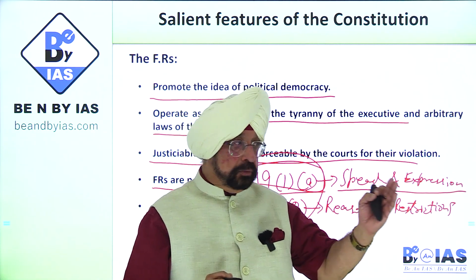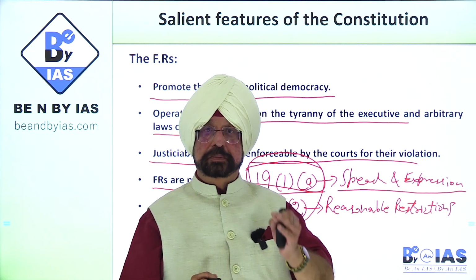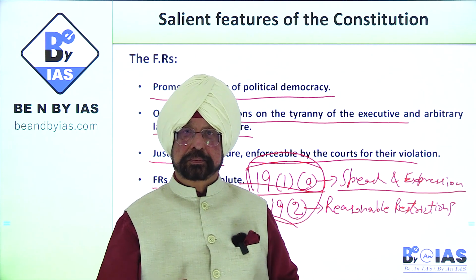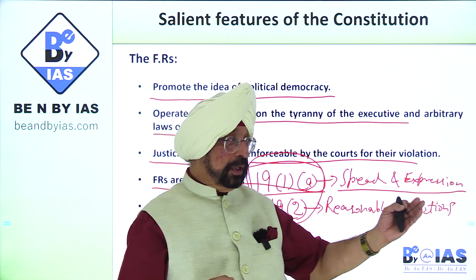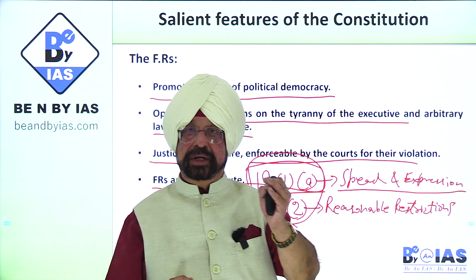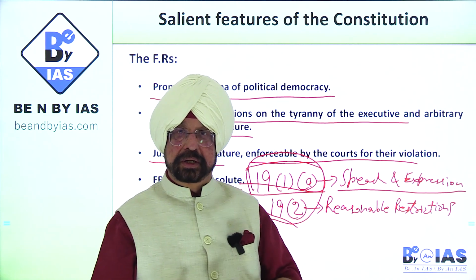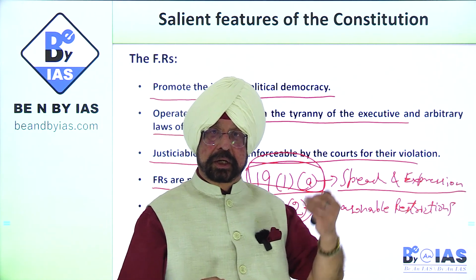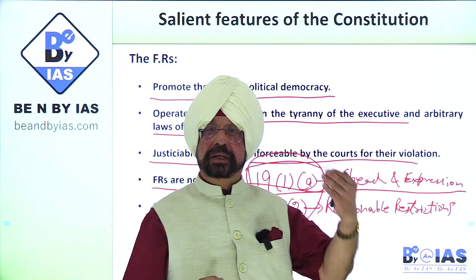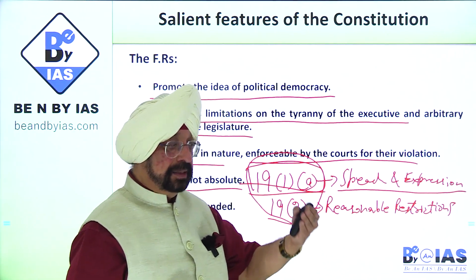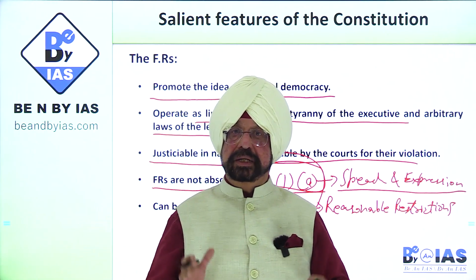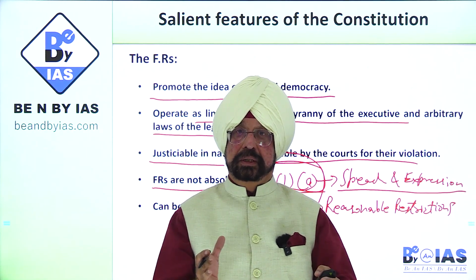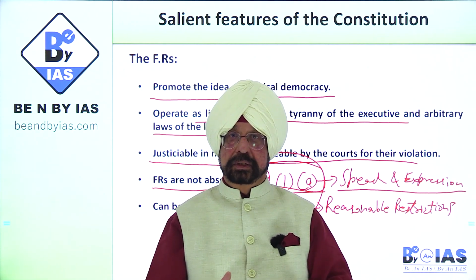If you have to practice medicine, you must be a qualified doctor. If you have to work as an engineer, you must have a qualification as an engineer. If you want to work as a lawyer, you must possess the legal knowledge, the professional knowledge.